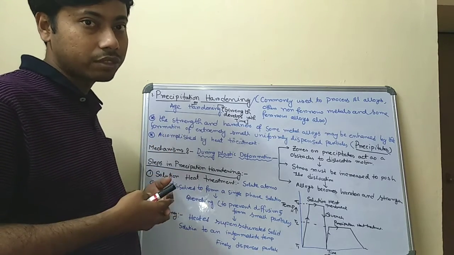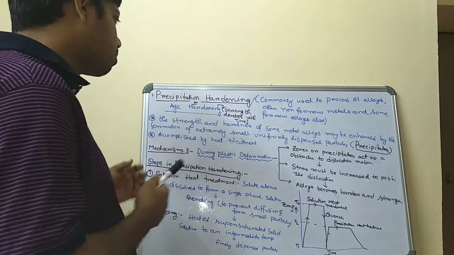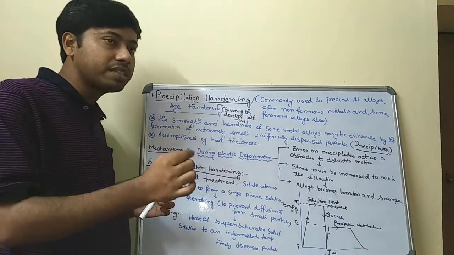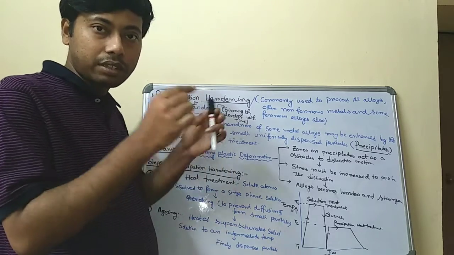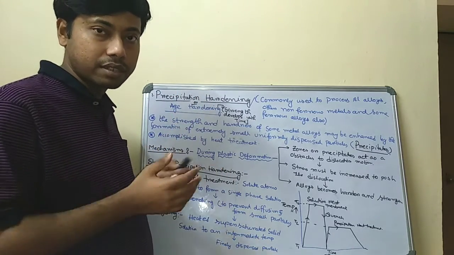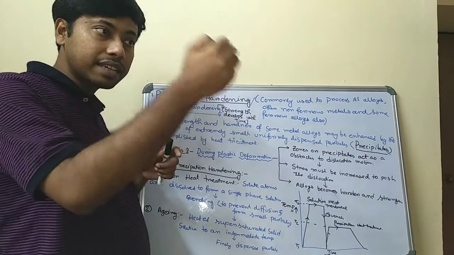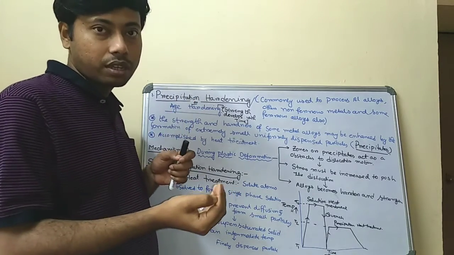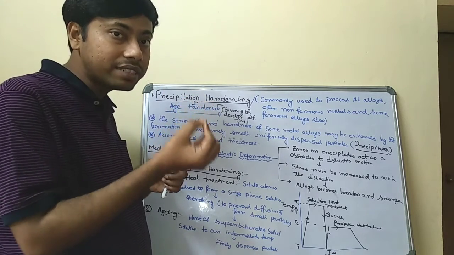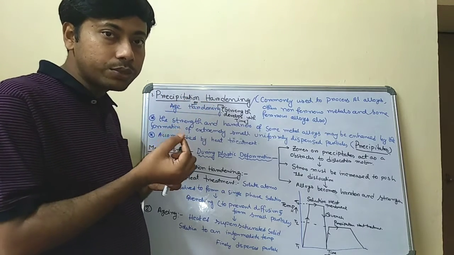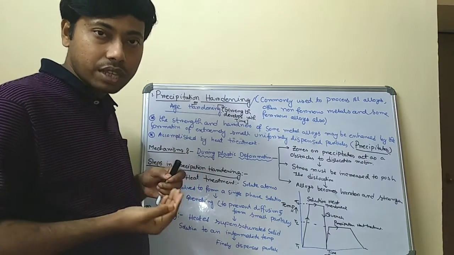What is the mechanism for that is very interesting. As you know, precipitate means there is a second phase within the matrix phase of a material. When another second phase is introduced, this second phase, which is small in size, produces a significant increase in strength.